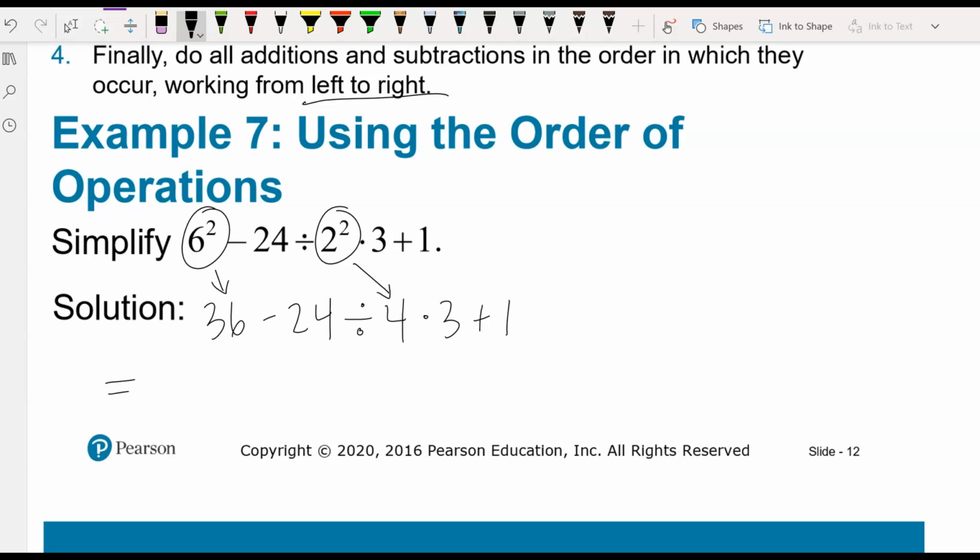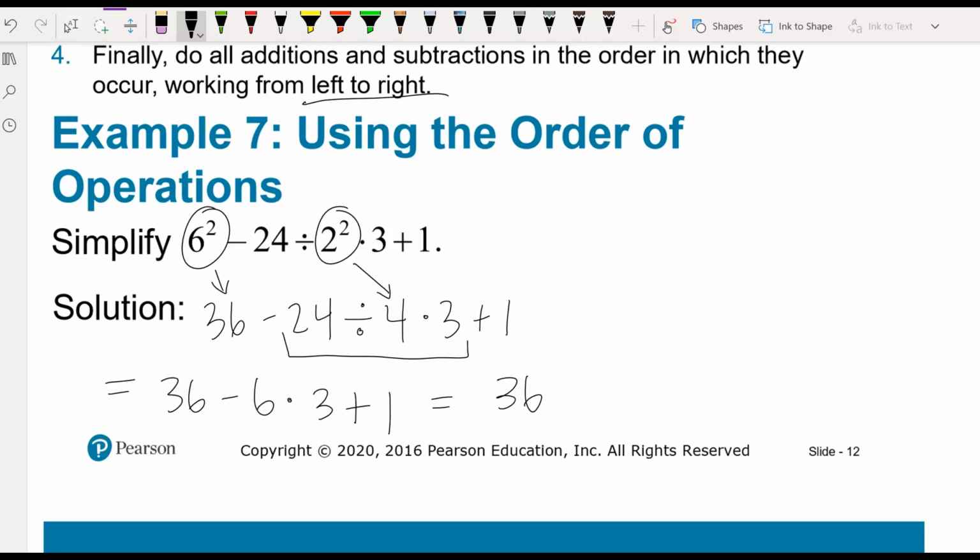So then we want to do the division first because it's left to right. So we want to do this section first. So 36 and then negative 24 divided by 4 is 6. And then times 3 plus 1.